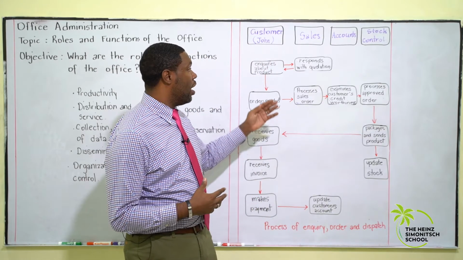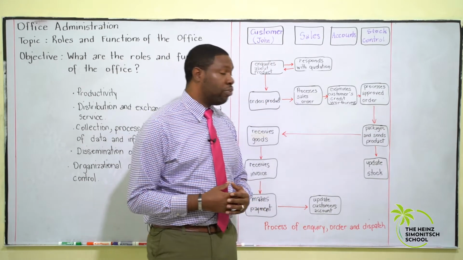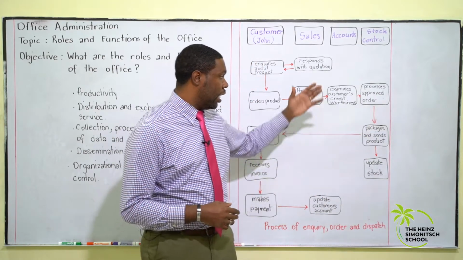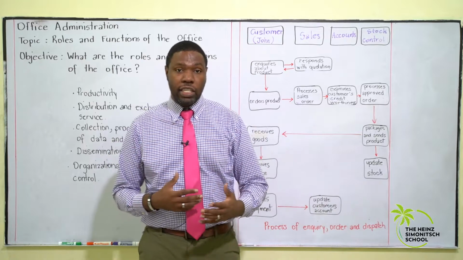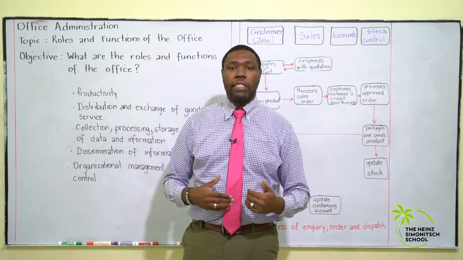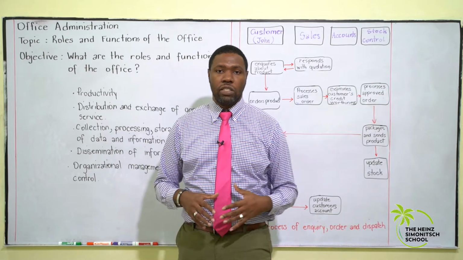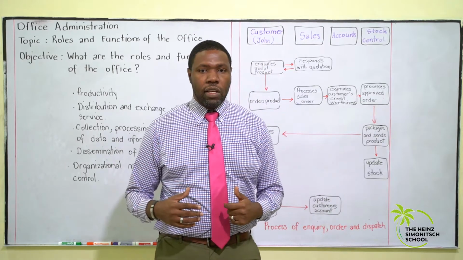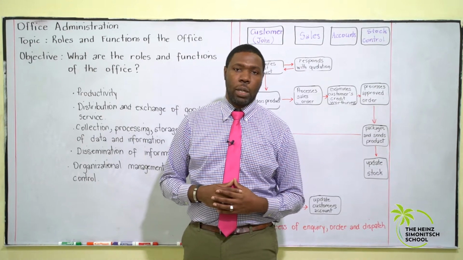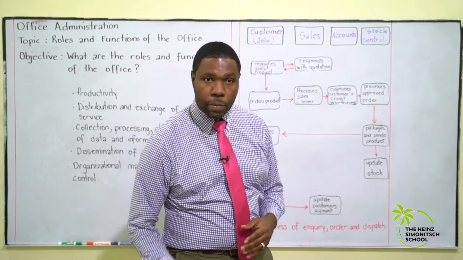So we see where a sales order was processed, it was approved, and we see different stages. It is very important that copies of these documents are kept safe, so there is record of every business transaction. All right?